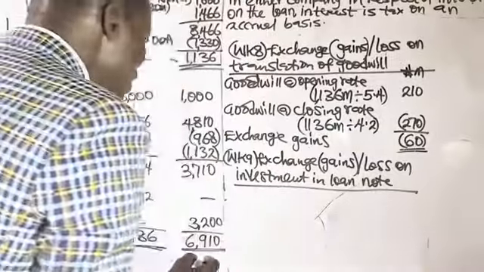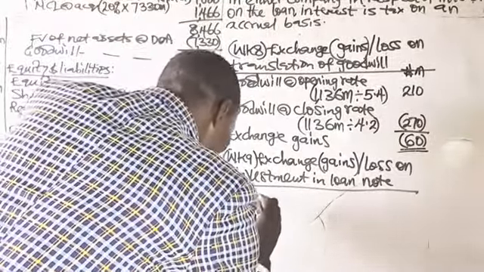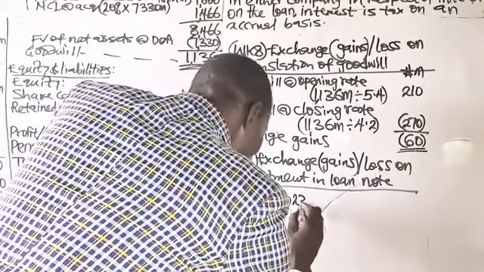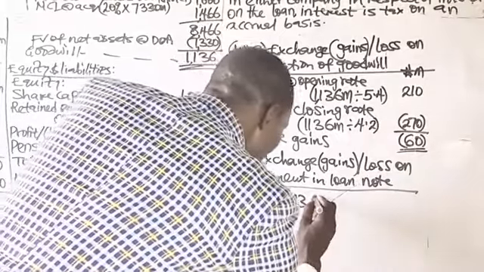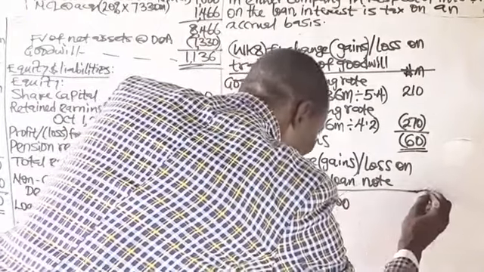Remember, this loan note investment was made on April 1st, 2023, and the loan amounted to 3.2 billion Ghana cedis.